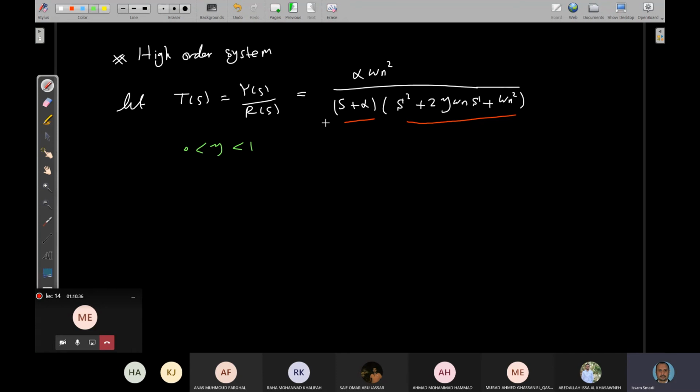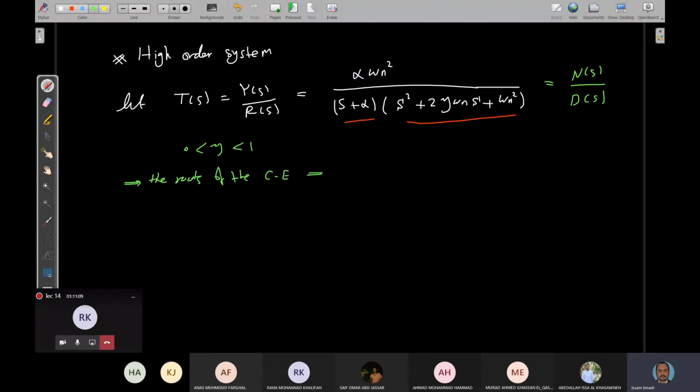So here, who can give me the roots? You know this one is equal to n of s over d of s, and the characteristic equation is d of s equal to 0. The solution of d of s equal to 0 is the roots of the characteristic equation, which are the poles of the transfer function. So here, who can give me the roots? Minus alpha, of the characteristic equation.